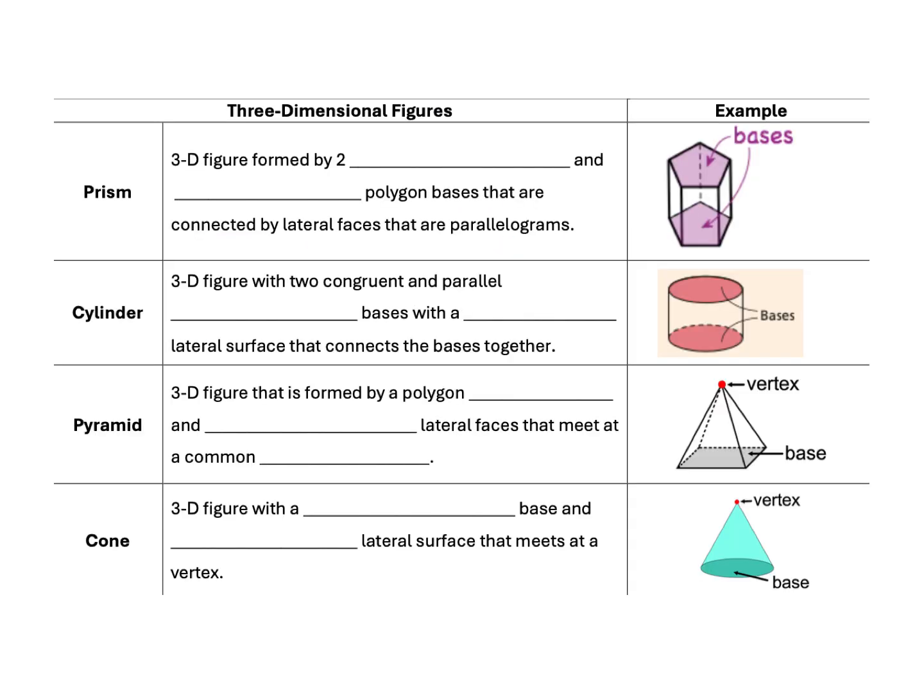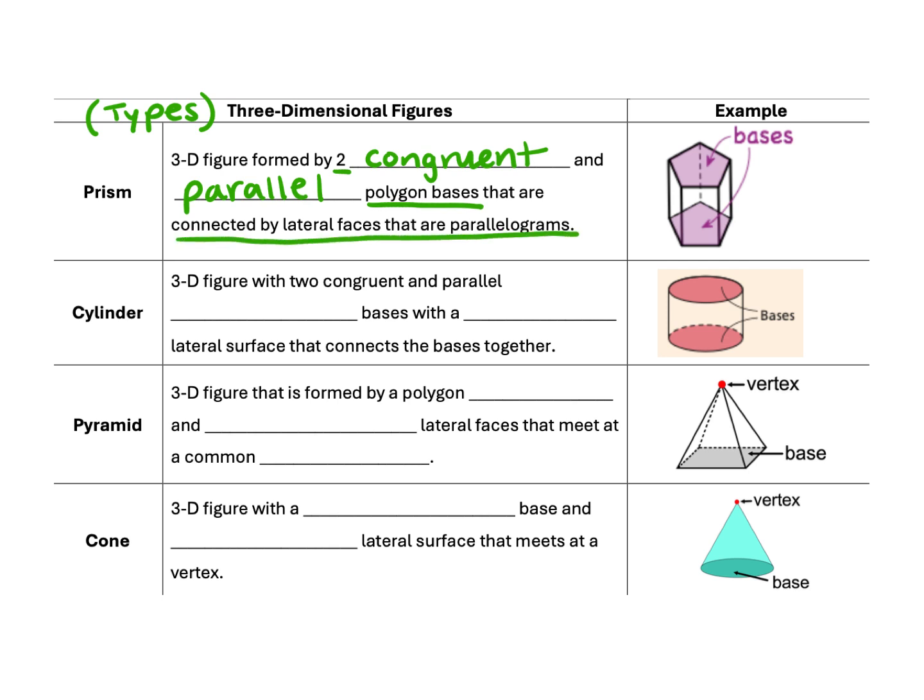There are different types of geometric solids that we're going to be studying in this class. We have prisms, cylinders, pyramids, and cones. A prism is a three-dimensional figure formed by two congruent and parallel polygon bases and connected by lateral faces that are parallelograms.